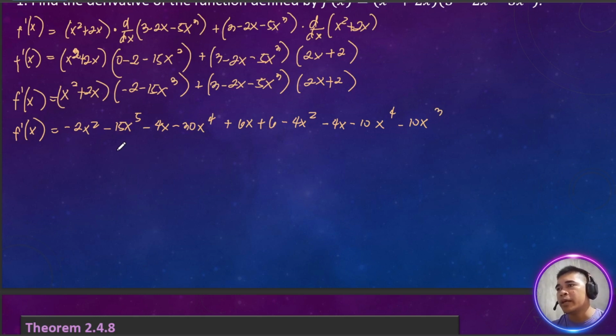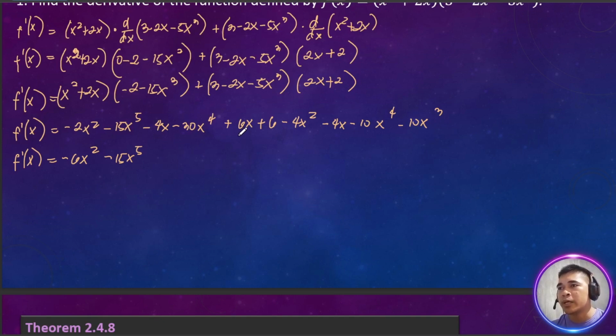Okay, combine like terms. So, derivative of f of x is equal to, so negative 2x squared, do we have? And we have another negative 4x squared, so we got negative 6x squared. How about to the power of 5? So wala. How about 4x? So we have negative 4x and 6x.